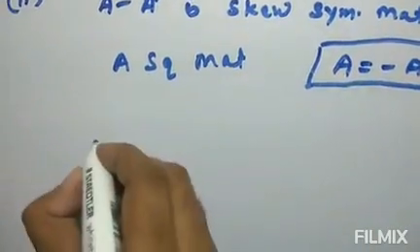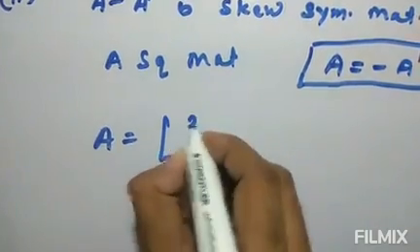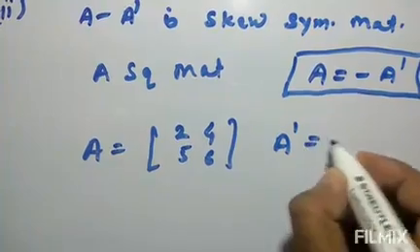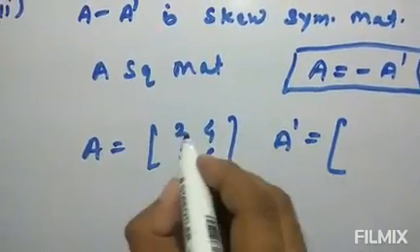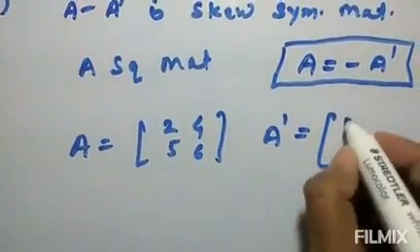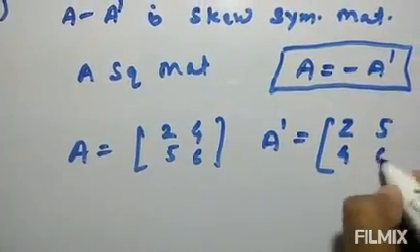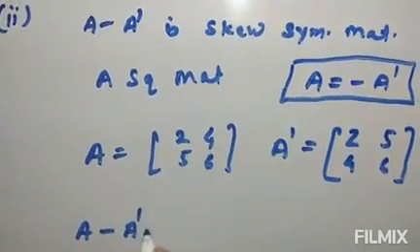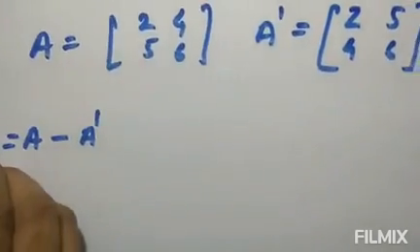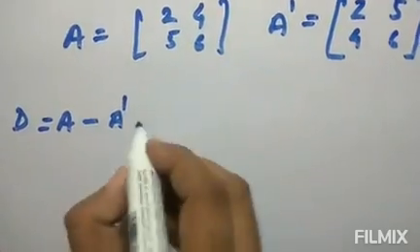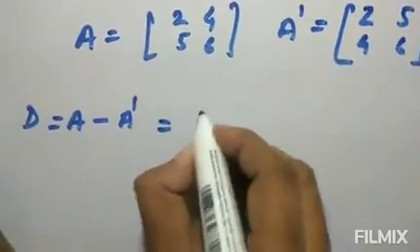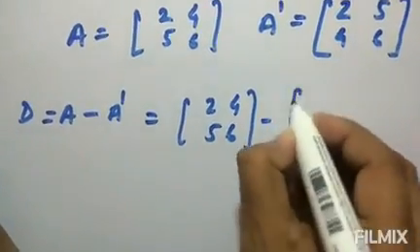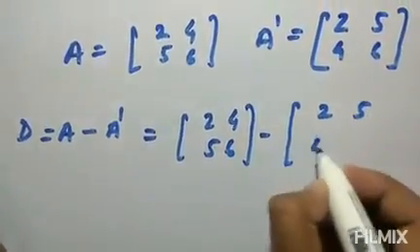Here given A equals to 2 5 4 6 and A dash equals to, again converting rows into columns, 2 4 5 6. Then A minus A dash. Suppose this one equals to D, so A minus A dash means 2 4 5 6 minus 2 5 4 6.